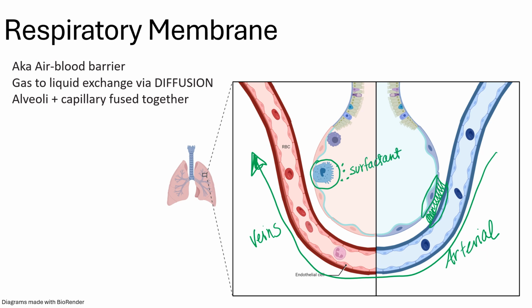You can see a really thin highlight of surfactant all over the type 1 pneumocytes. This is the surfactant covering that breaks up alveolar surface tension, or the tendency for this membrane to want to collapse on itself due to the cohesion of the water molecules that are there.